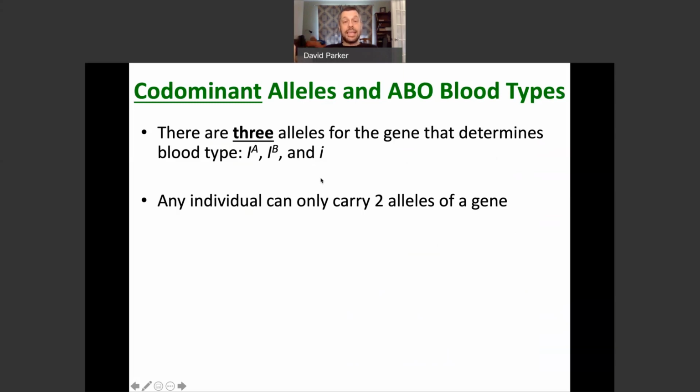Remember, we're talking about one gene, the gene is I, and we have 3 possible alleles, of which any individual can only have 2, because it's the same gene.